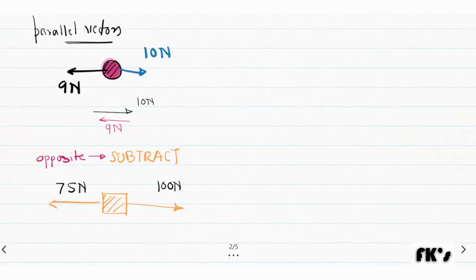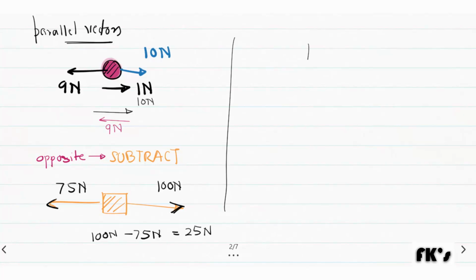It would be simply subtraction, as I told you, because the vectors are in opposite directions. This vector is acting towards my right, this vector towards my left, so they have to be subtracted. 100 Newton minus 75 Newton is 25 Newton. So this block would be acted upon by a force of 25 Newton towards my right.